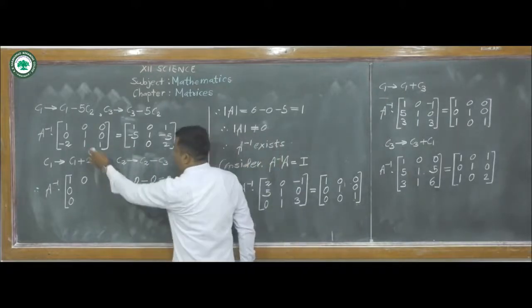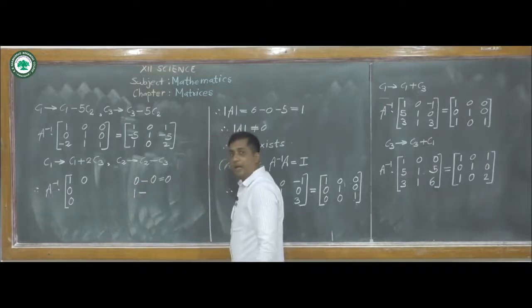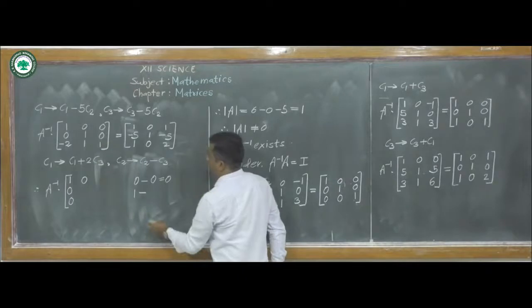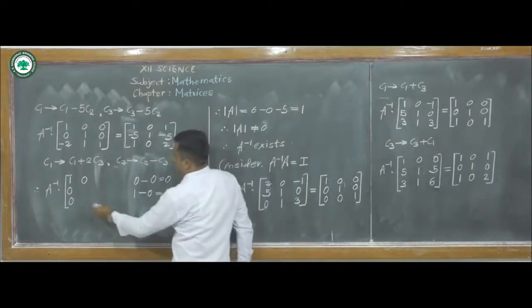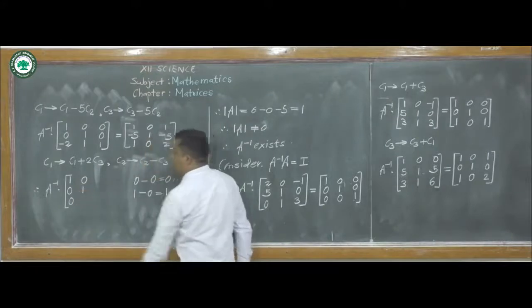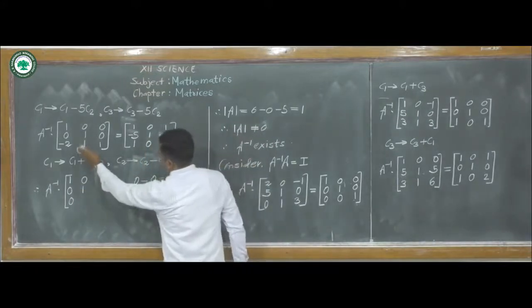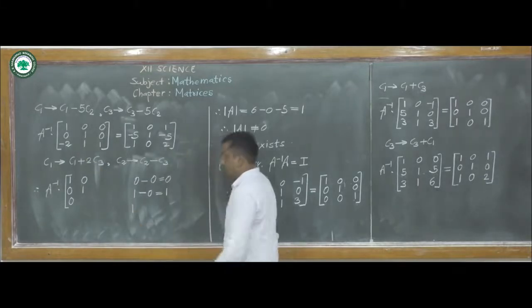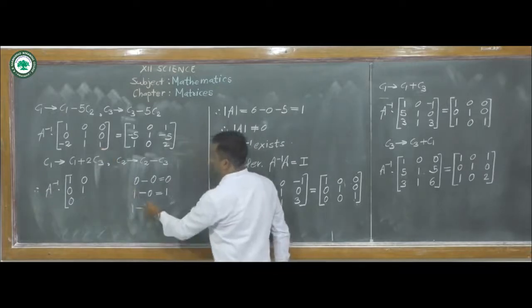Next, here the second element from column second is 1 with minus sign, minus the second element from column 3, which is 0. This is equal to 1. So here in the position of 1 again we have 1. Next, the last element from column second is 1 minus the last element from column 3, which is 1.